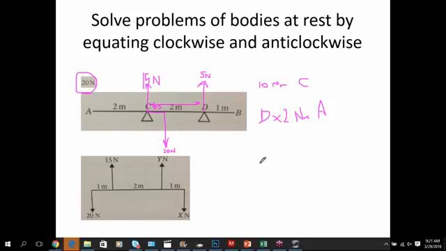Now we've got down: 20 down, 30 down, 15 down. What did we get? 15 plus 5 makes 20. 20 plus 30 makes 50 down.